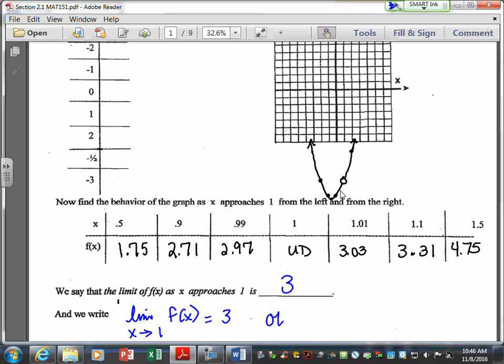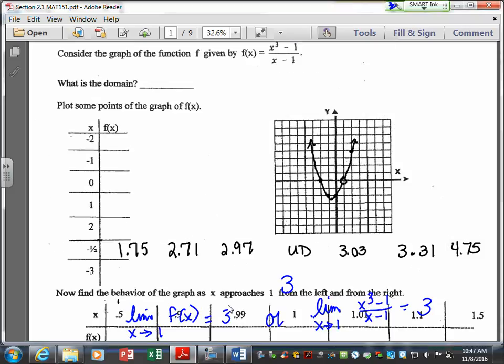Or to be more specific in this particular answer, we could say the limit as x approaches 1 of f of x. What was our f of x? x cubed minus 1 over x minus 1, the original function that was given. We can be even more specific instead of saying just f of x. So now let's talk about this. Remember we said as x approaches 1 from the left or the right.